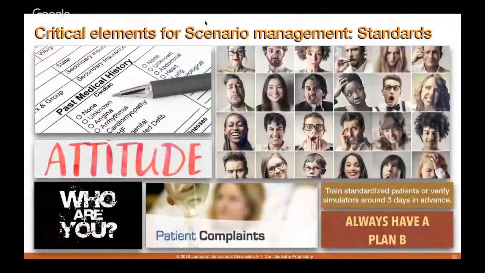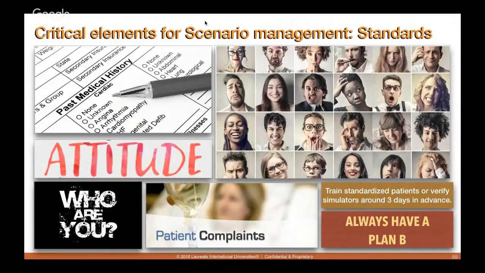The first critical element are the standards. Here I'm talking how you are going to train the standardized patient or set the mannequin up. Your patient, the standardized patient, needs to know who he or she is. Sometimes I get some simulation scenarios and you are not able to find the name of the patient there.